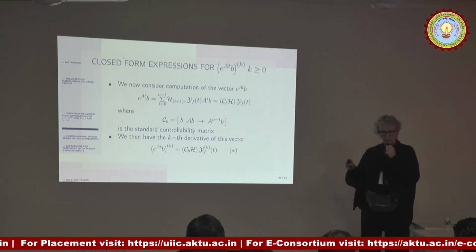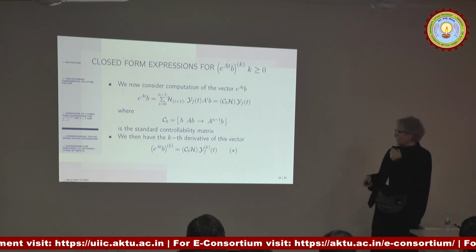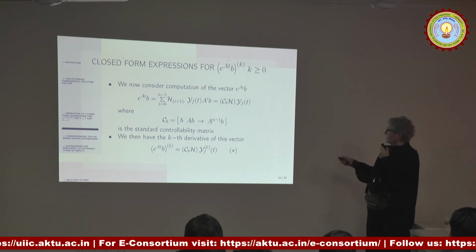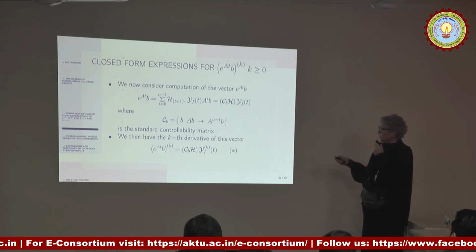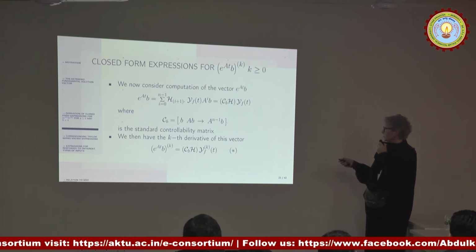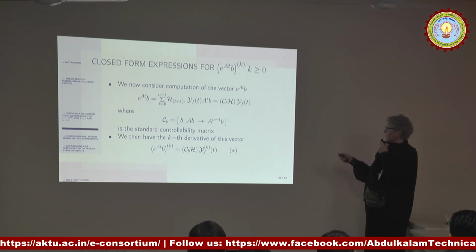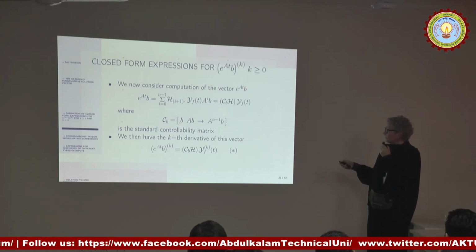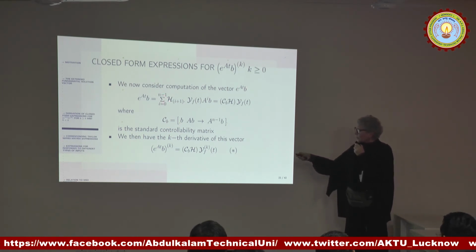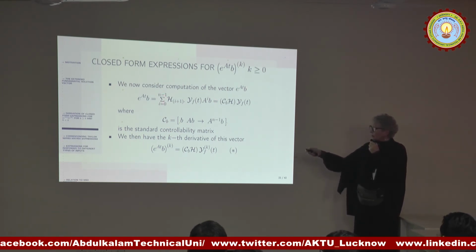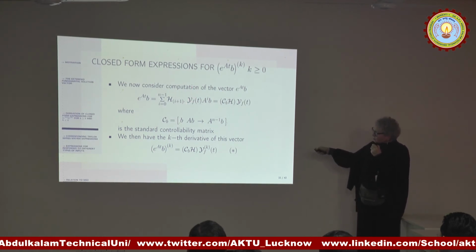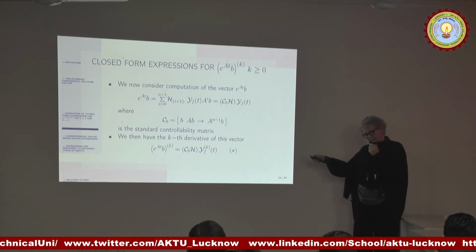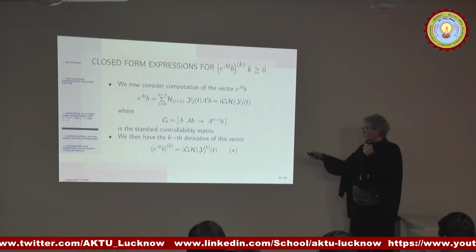So now that we have e to the power At connected up to the fundamental solution, we now move on to this vector, which is e to the power At times the vector b. So that becomes simply that. And if we massage this a little bit, it's not very difficult to do.